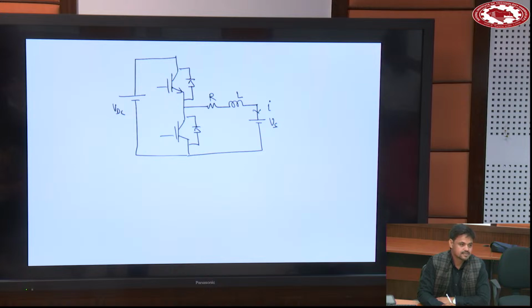I want to control this current according to my requirement. I am saying control it at 500 ampere, then it should be 500 ampere. If 1000 ampere, then it should be 1000 ampere.